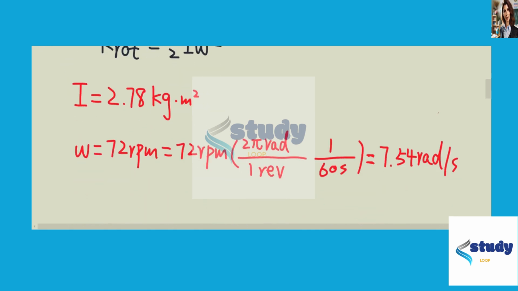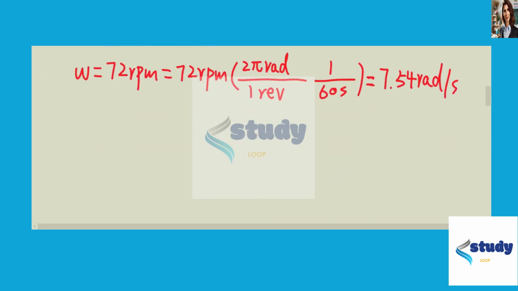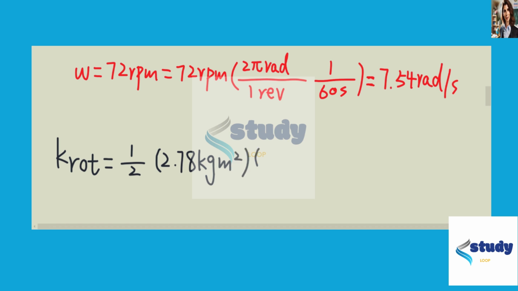And the angular velocity is given as 72 revolutions per minute. If we convert it to radians per second, it's about 7.54 radians per second. So now let's plug back into the equation to determine the rotational kinetic energy, which is equal to 1/2 times 2.78 kilogram meter squared, times 7.54 radians per second to the power 2.